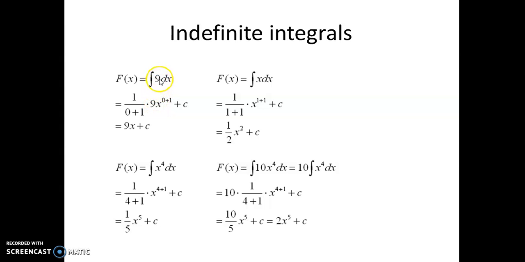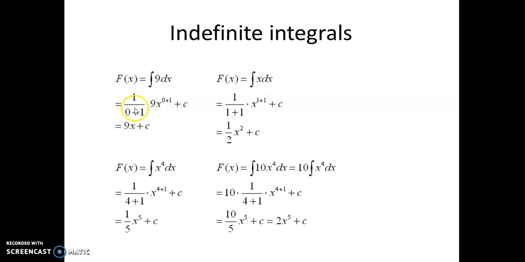So you would not then write the 9 times 1 there. It would just be 9. So therefore, as x is raised to the power of 0, then we say n plus 1, so 0 plus 1. That just gives you x to the power of 1. Then with our coefficient 9, remember we have to say 1 over n plus 1. And n was 0.